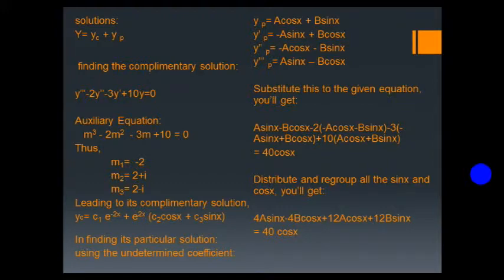Differentiating yp and substituting the results into the differential equation gives A sin x - B cos x - 2(-A cos x - B sin x) - 3(-A sin x + B cos x) + 10(A cos x + B sin x) = 40 cos x.